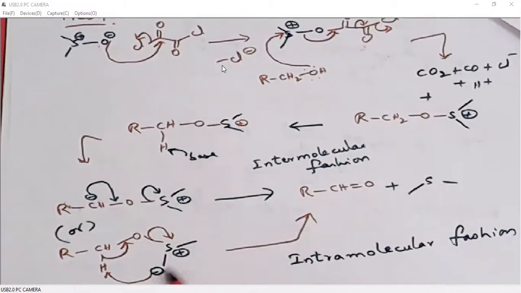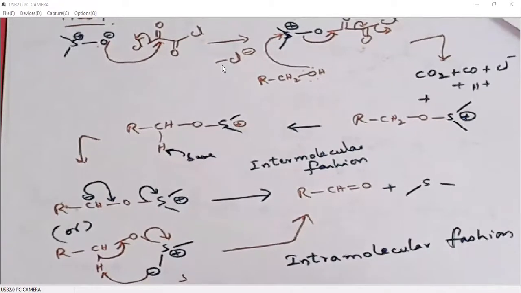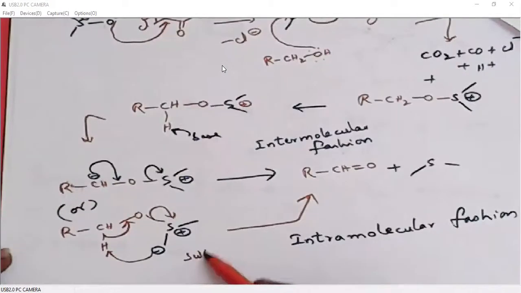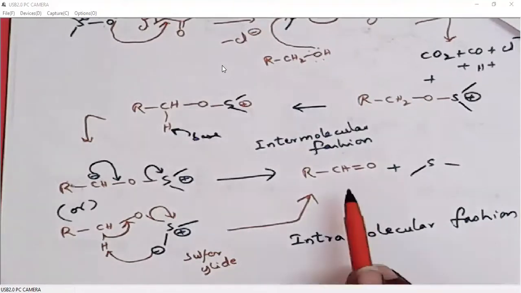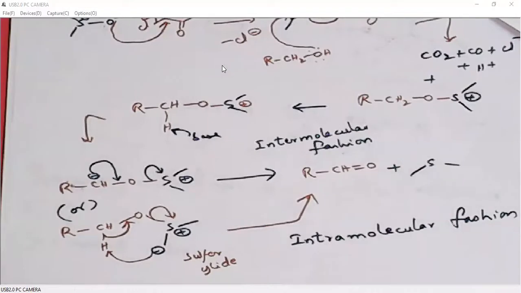What is an ylide? An ylide is just a compound where positive and negative charges are present in the same molecule. So that ylide, in intramolecular fashion, develops the aldehyde and sulfur will be reduced.